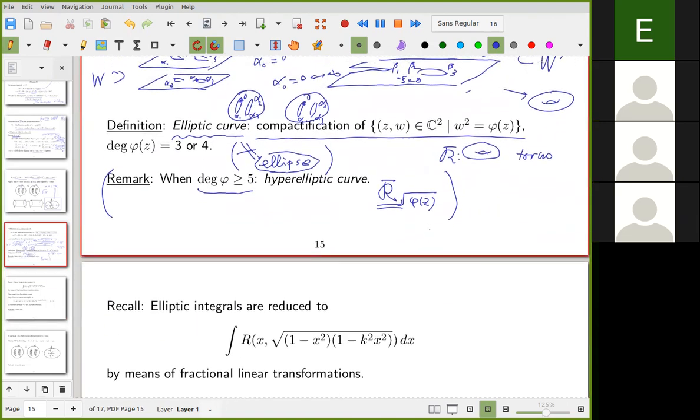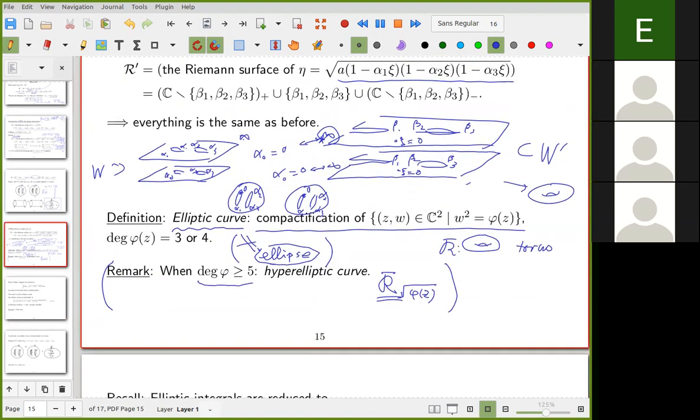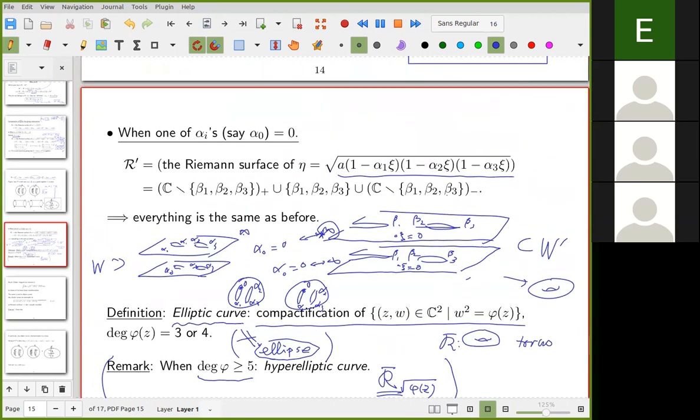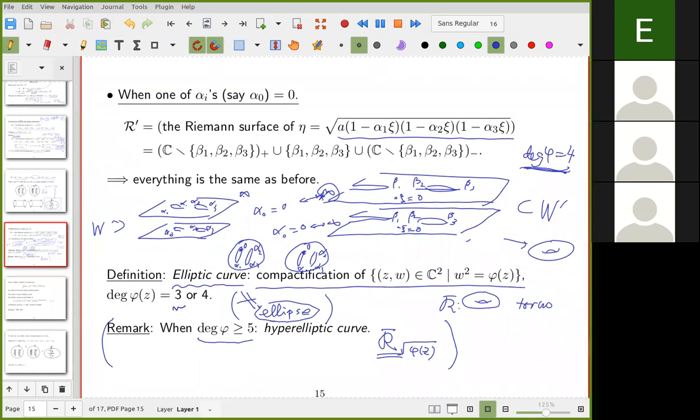And moreover, I always assumed up to here that the degree of phi is 4, and abruptly here appears a degree 3 polynomial.